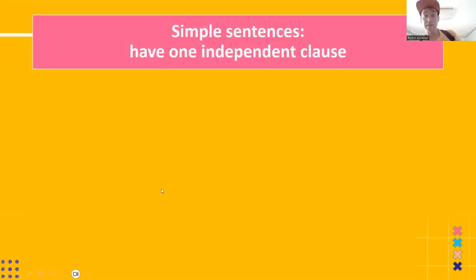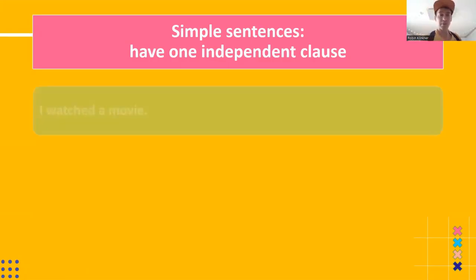Let's take a look at simple sentences. What is a simple sentence? Well, a simple sentence just has one independent clause. We just talked about what an independent clause is. An independent clause has a subject and a verb, and it's a complete thought. Basically, a simple sentence is one independent clause.